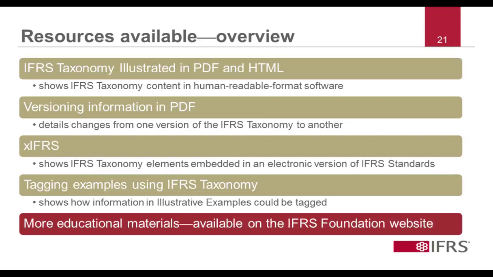Most of those resources are published as supporting materials for the annual IFRS taxonomy, but also any proposed IFRS taxonomy updates that are released throughout the year. On the next slide, I will go through each one of them and show you an example of how they look.